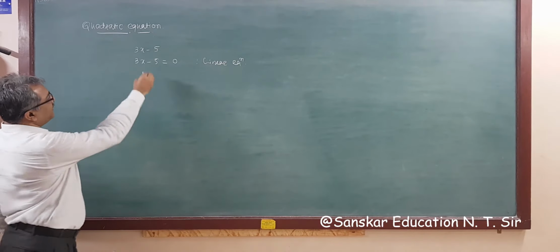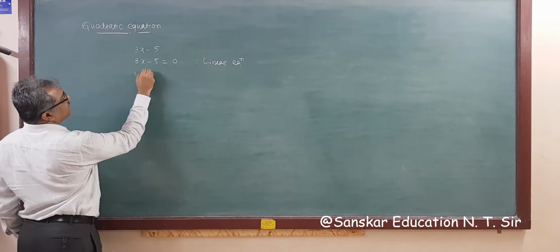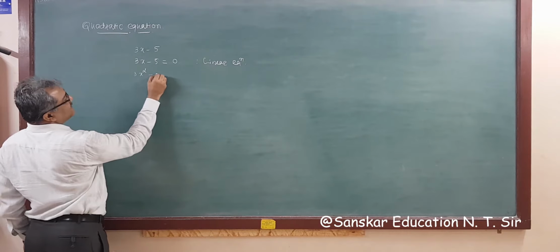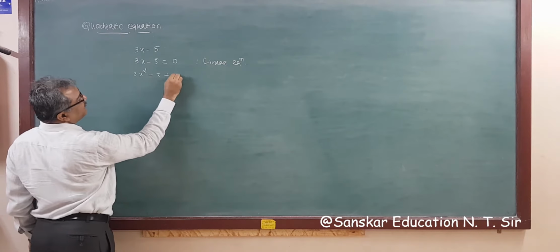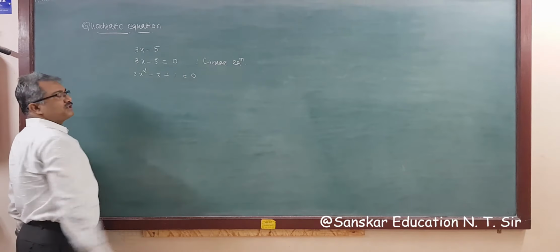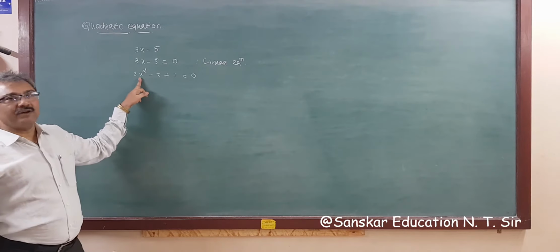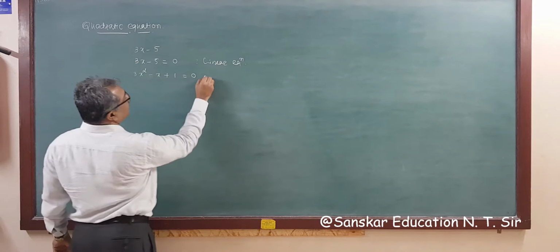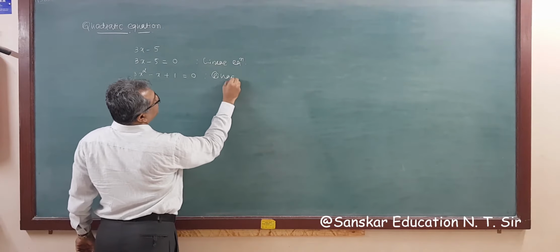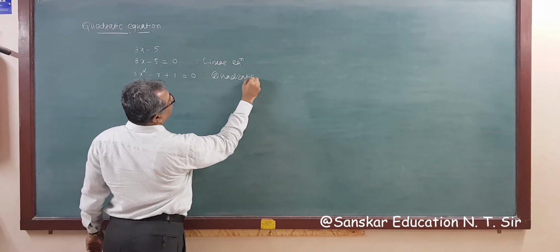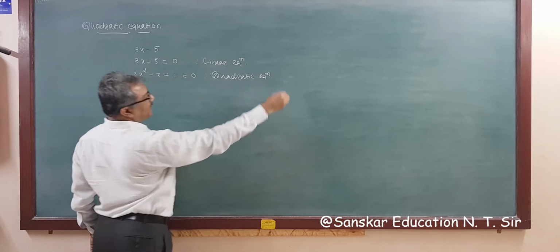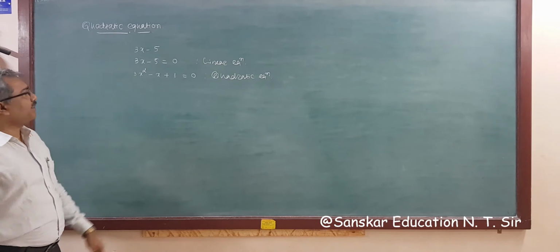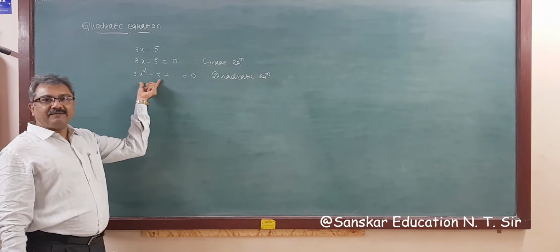Suppose I am taking another equation, 3x square minus x plus 1 is equal to 0. So here the highest power of the variable is 2. So this is called a quadratic equation in one variable.